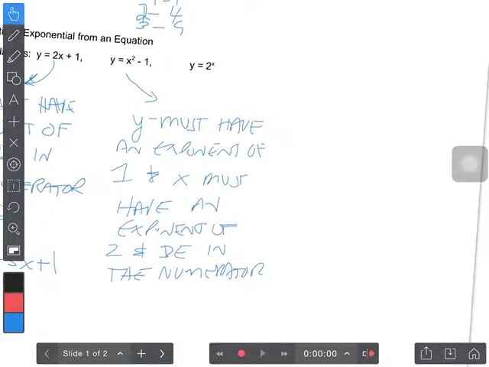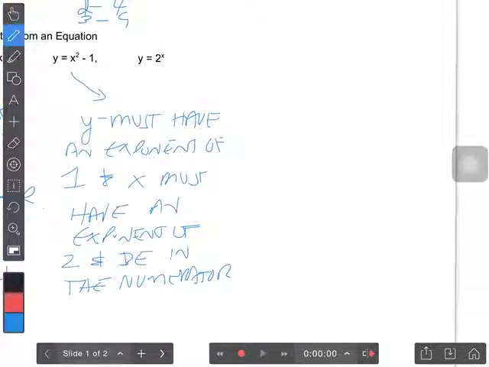Okay, and then our third and final one here, y equals 2 to the x for an exponential. x must be part of the exponent.